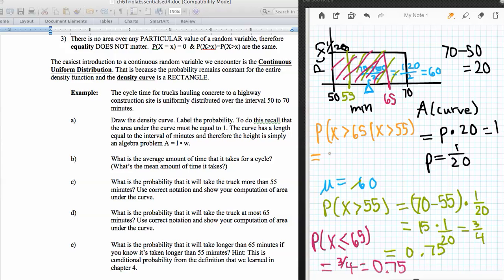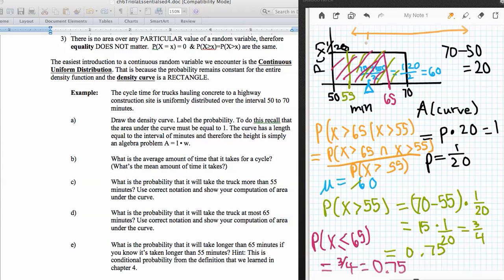This we know from the definition in Chapter 4 is the probability that x is greater than 65 and x is greater than 55, and then that's divided by the probability of the condition, x being greater than 55. So this is just a little bit of an interval here that we would take into account.